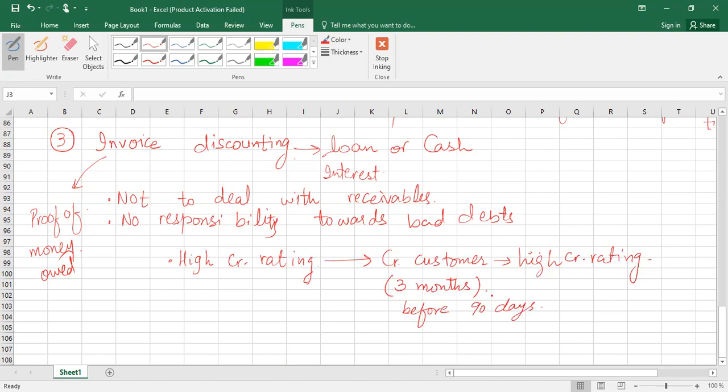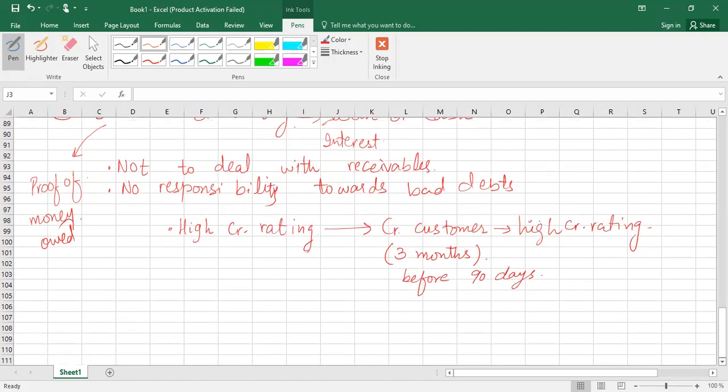So the bank knows that this company will be able to recover from the credit customers on time, and they will be able to settle our liability on time. So that's why they are ready to provide you early settlement, or they are ready to provide you a loan basically. So this is called what? This is called invoice discounting.